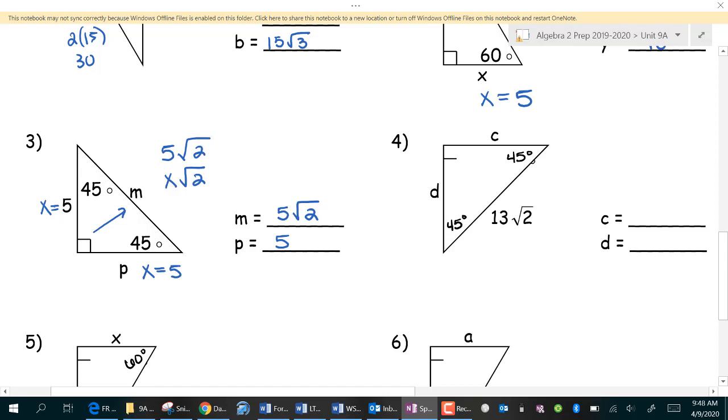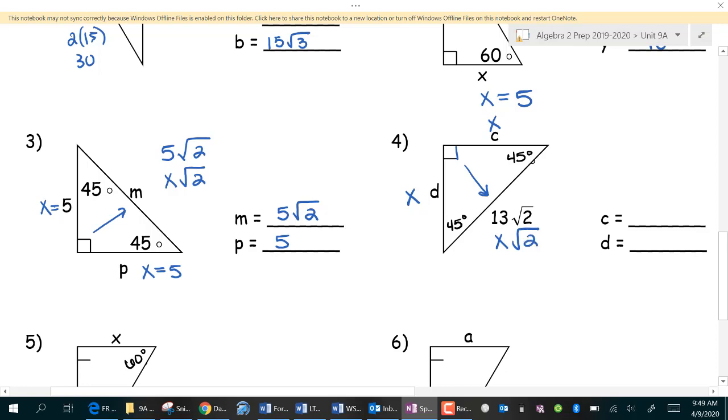Okay, another example. So here again, I have a 45, 45, 90 triangle. This time they gave me the side across from the 90-degree angle, my hypotenuse. But first thing I'm going to do is label everything. So across from both 45-degree angles, I have just X and X. And then across from my 90-degree angle is X root 2.